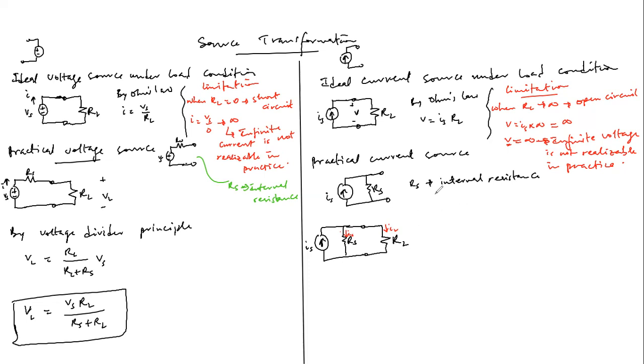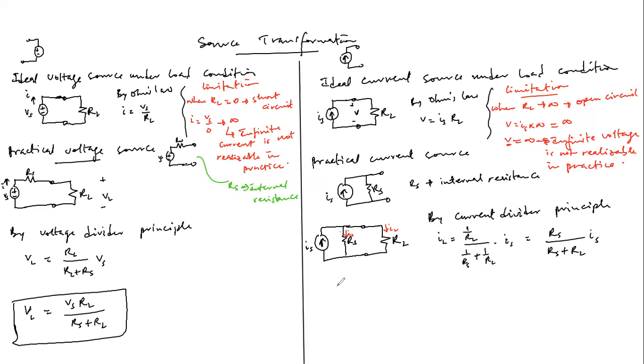Okay, so by the current divider rule principle, we know IL is the same as 1 over RL over RS plus 1 over RL times IS. So that is going to give us RS over RS plus RL times IS.